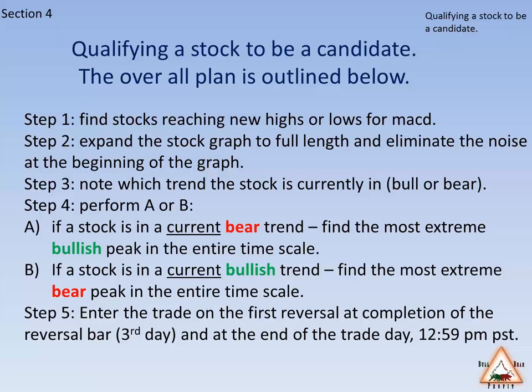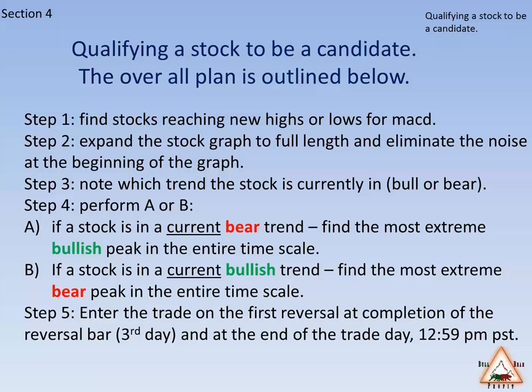Section 4, qualifying a stock to be a candidate. The overall plan is outlined below. Step 1, find stocks reaching new highs or new lows for MACD. Step 2, expand the stock graph to full length and eliminate the noise at the beginning of the graph. Step 3, note which trend the stock is currently in, a bull or bear.